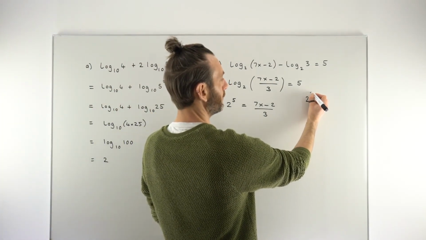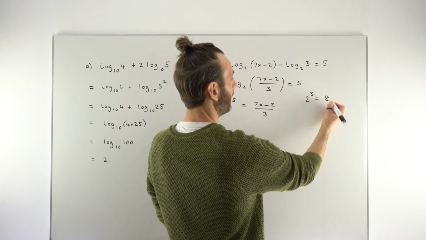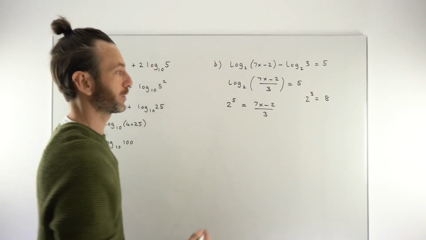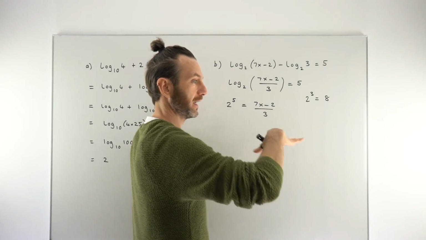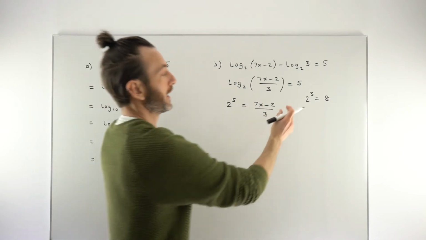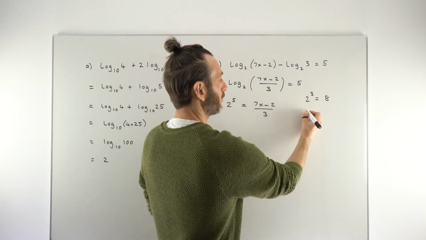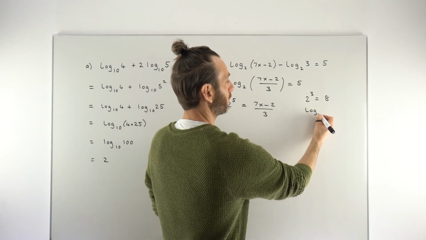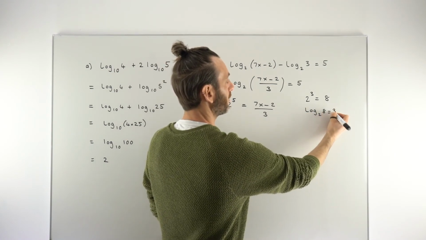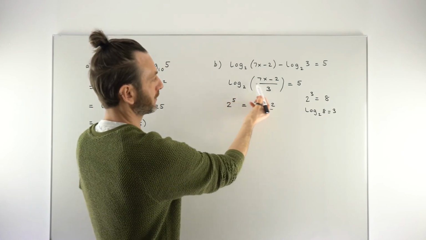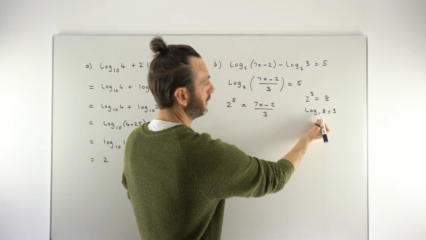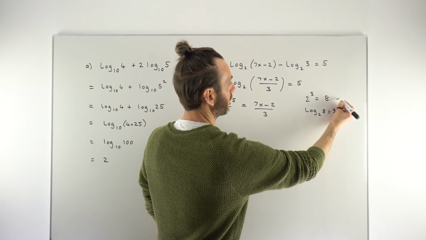If you've got the example 2 to the power of 3, 2 cubed is 8, that's an exponential expression. That can be written in the same way, connecting these numbers, as a logarithm by writing log to base 2 of 8 equals 3. So in our question, we had this scenario here, which was like this one, and this would turn into this like that.